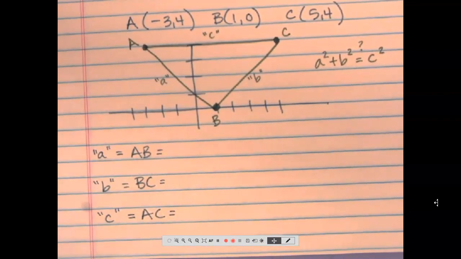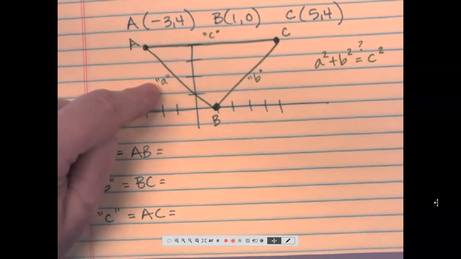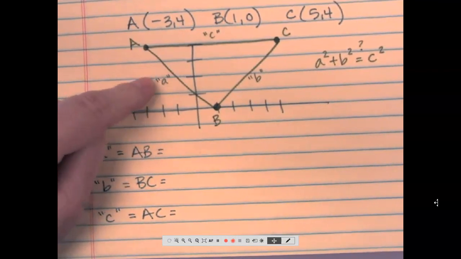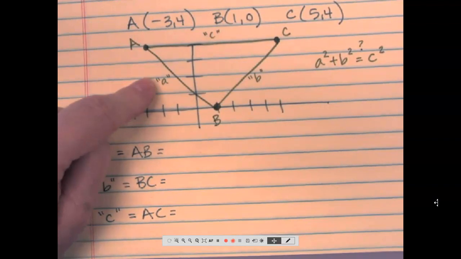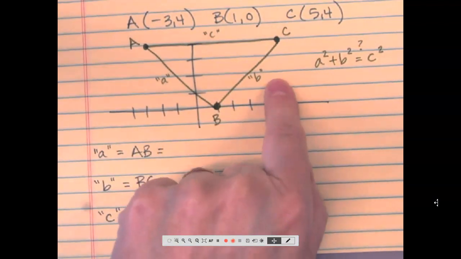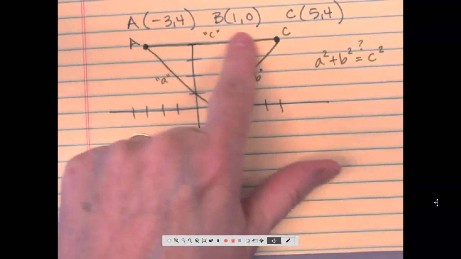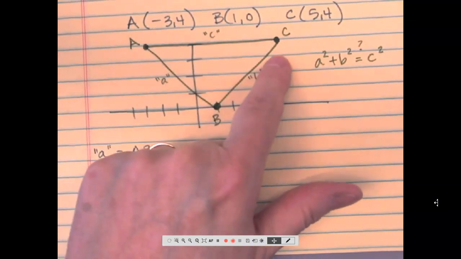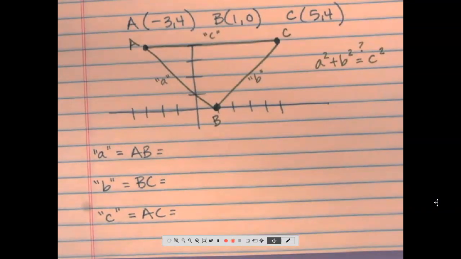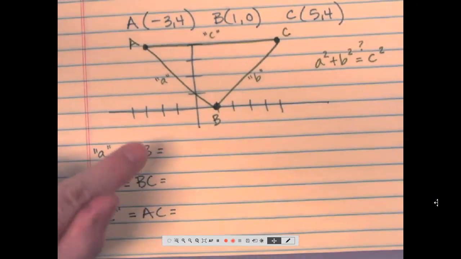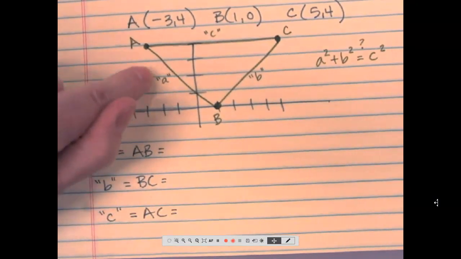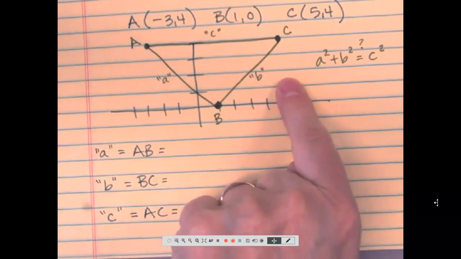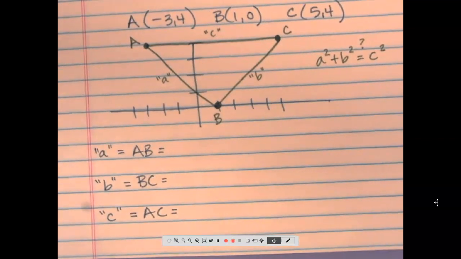If your last name starts with A through L, you find A. If your last name is M through Z, you're going to find B. And I will do the hard one, I'll find C. And then we'll just share answers.